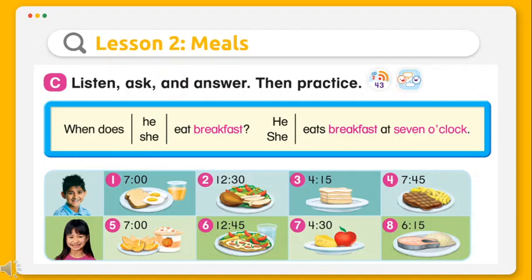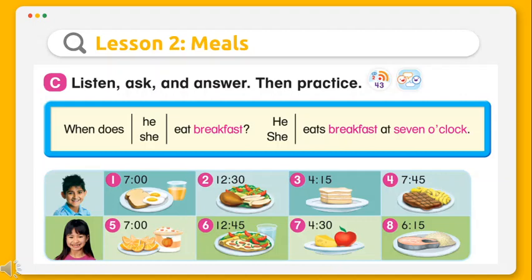Then practice. When does he eat breakfast? He eats breakfast at 7 o'clock. When does she eat breakfast? She eats breakfast at 7 o'clock. 1, When does he eat breakfast? He eats breakfast at 7 o'clock. 2, When does he eat lunch?